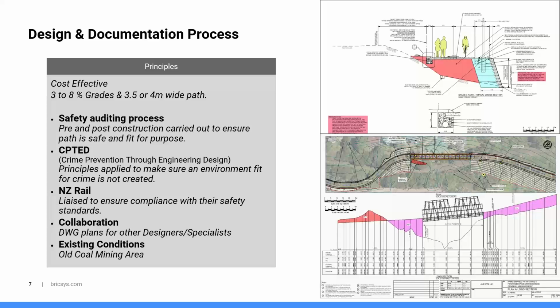Through the design phase of the project, there's been lots of collaboration with other specialist designers. Our role has been to come up with the basic design and shape of the project, and then we provide base plans of the design so that other work can be done.